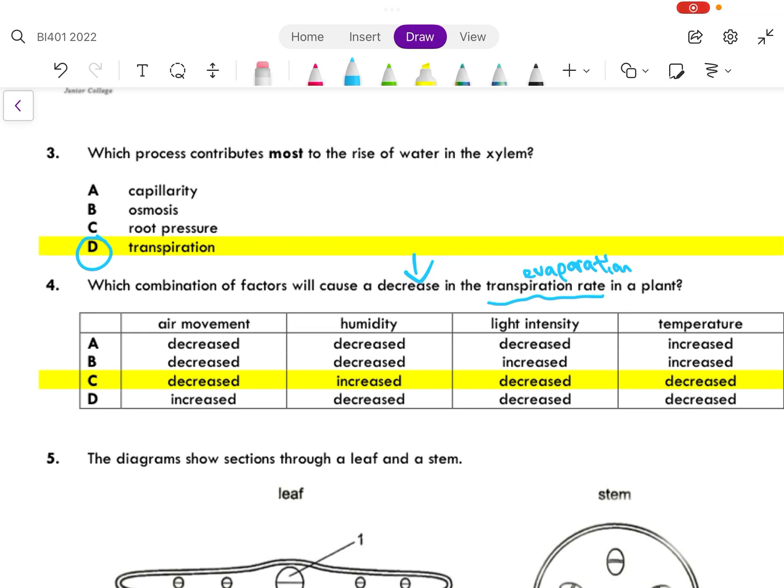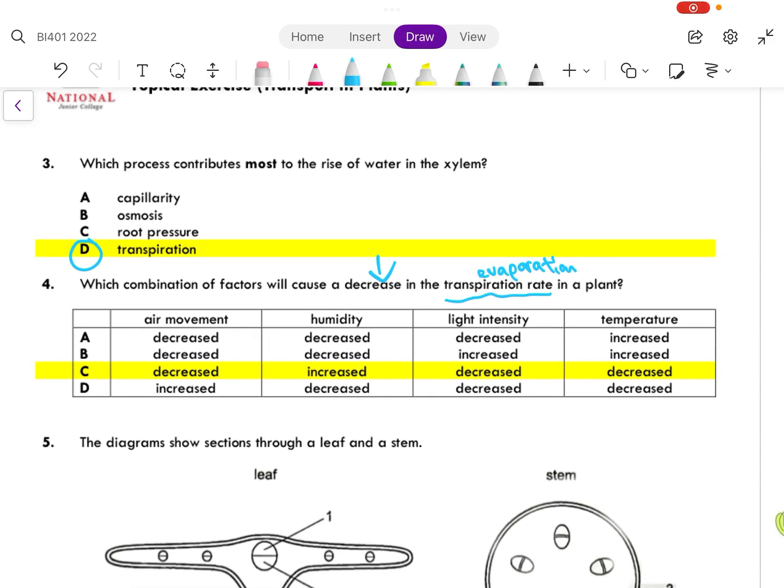And so the combination that will result in a decrease in evaporation rate will be if there's less air movement, if there is increased humidity, if there is decreased light intensity, because light intensity can also affect whether there is going to be evaporation, and finally decreased temperature too. So actually C would be the answer.